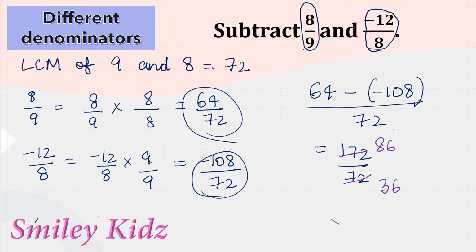We can further simplify this. 2 times 43, 2 times 18, which is equal to 43 by 18. So, therefore, when we subtract 8 by 9 and minus 12 by 8, we get the solution as 43 by 18.